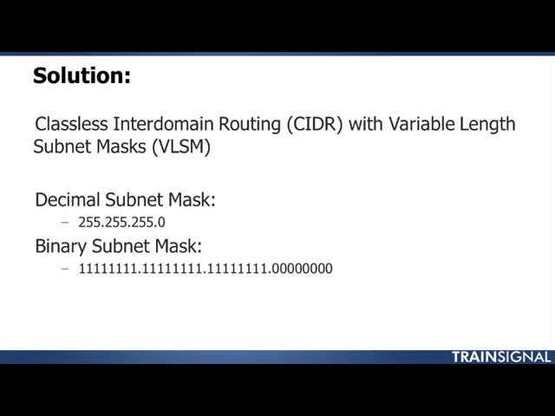When using the decimal numbering system, we learned that subnet masks always have 255s or zeros. But what that actually represents in binary is that 255 is all ones. If we convert 255 to binary, we get 8 ones. And if we convert 0 to binary, it's all zeros.